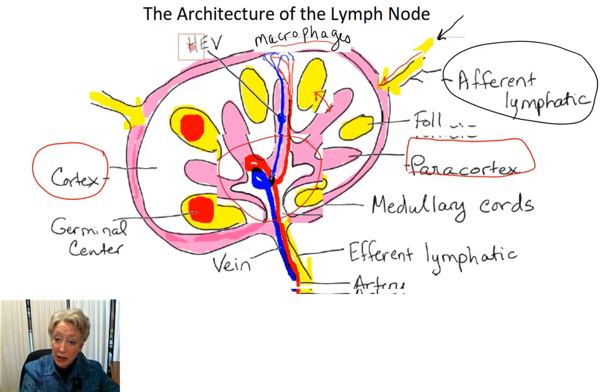But notice in this design anatomically that it could be my B cells in the follicles who present to my T cells in the paracortex, or it could be my macrophages who serve as antigen-presenting cells. But the T cells in their paracortical areas are there in a perfect position to be communicated with in order to make the maximum possible immune response.